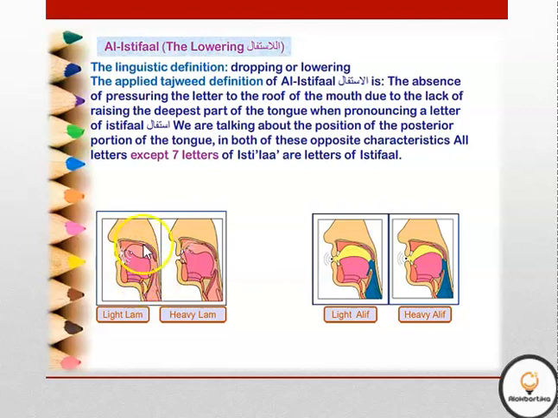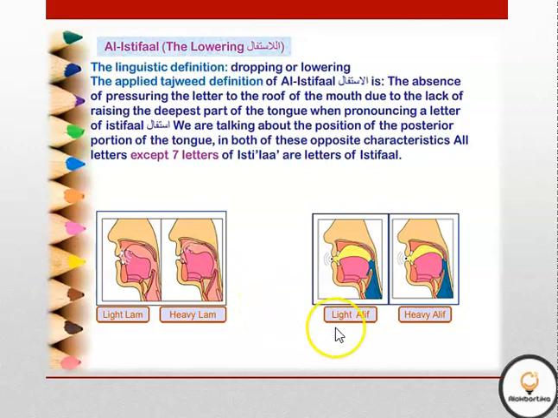There is no pressurizing on this portion. But when heavy lam is being pronounced, see, along with the front part of the tongue, the back part is also raised to the roof of the mouth. Allah, Allahu, like that.